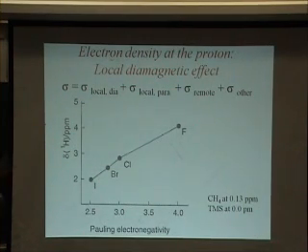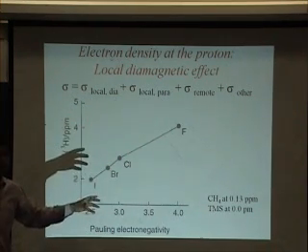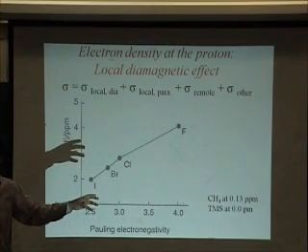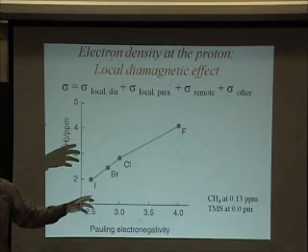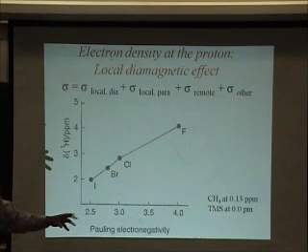So you look at the overlap of the electronic wave function at the site of the nucleus. If electrons are pulled away from the nucleus, the proton will be less shielded or more de-shielded. Agreed?